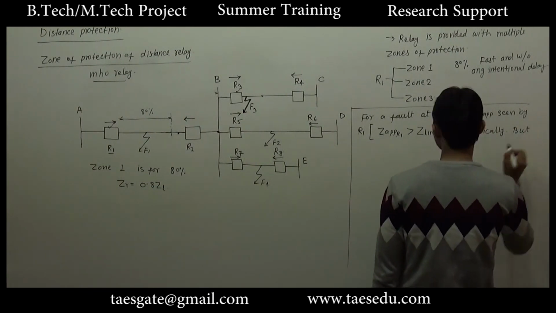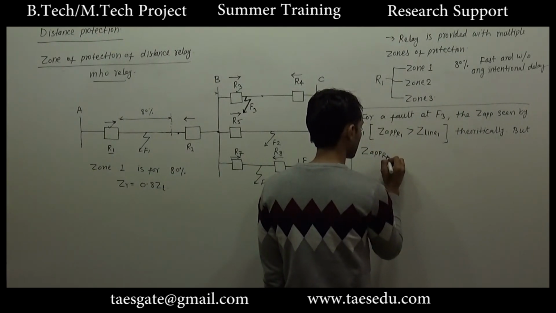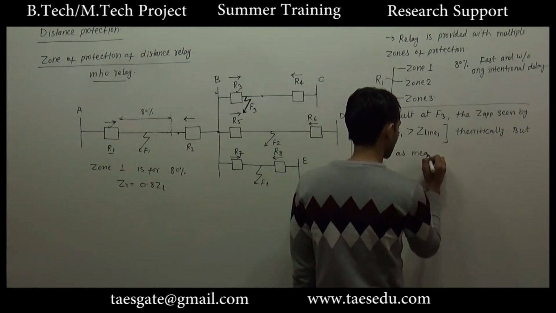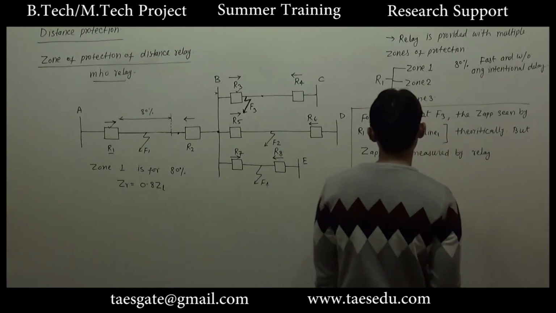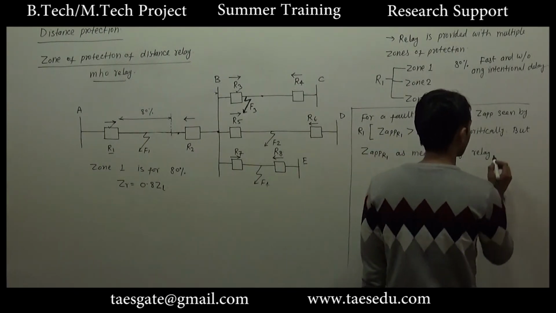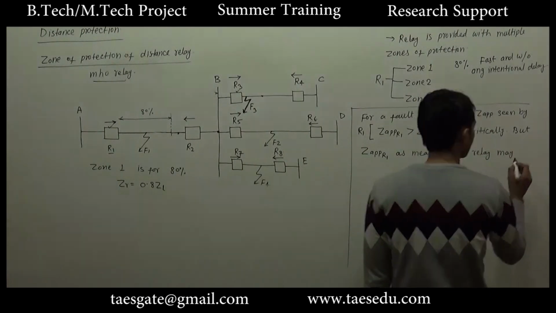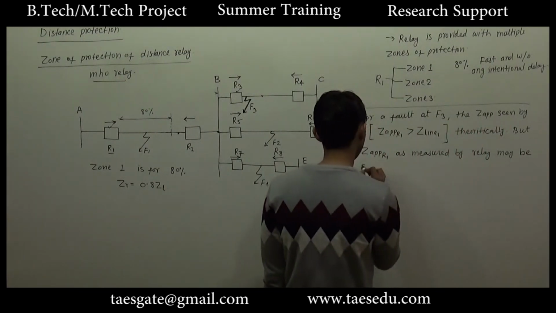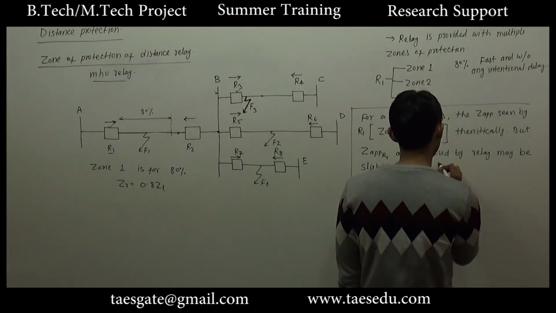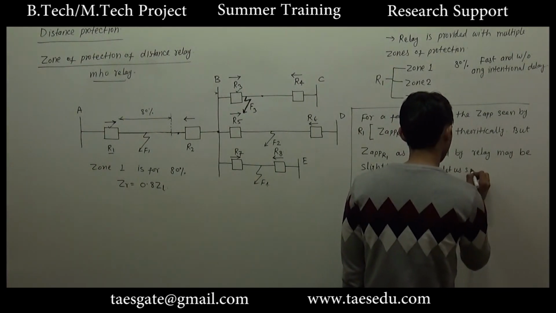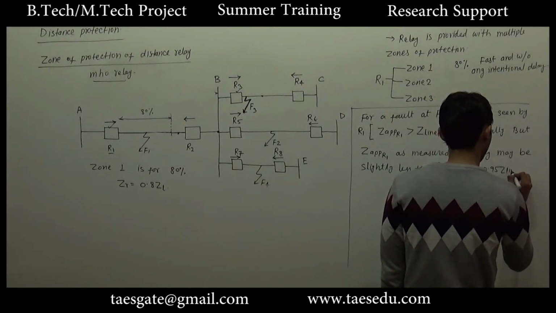But Z apparent as measured by relay R1 may be slightly less than, let's say, 0.95 Z line.